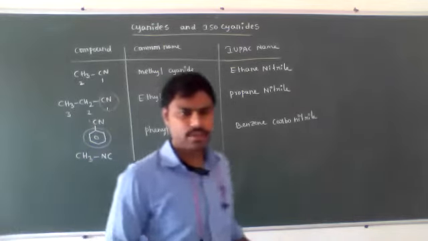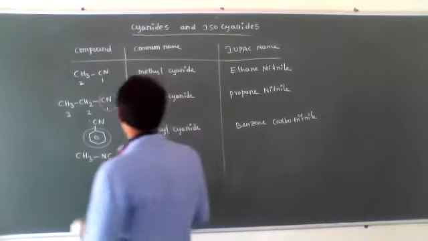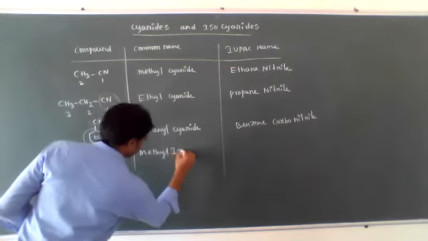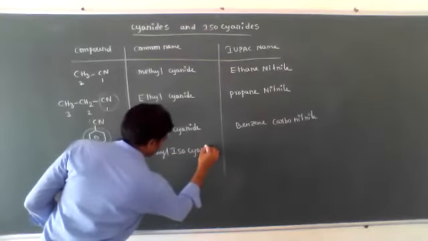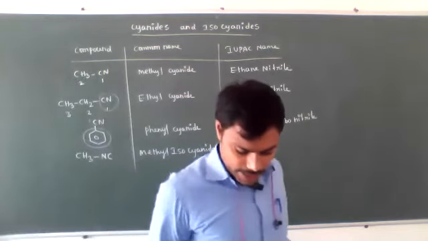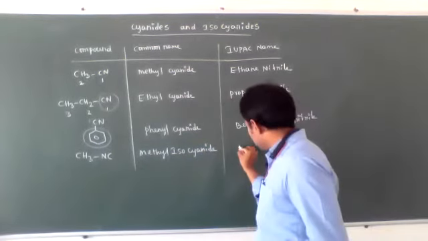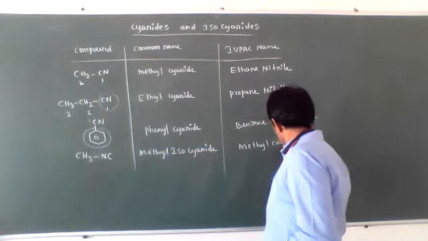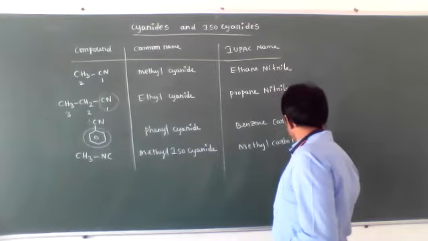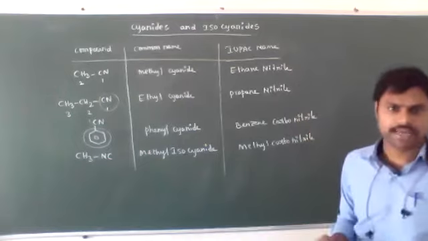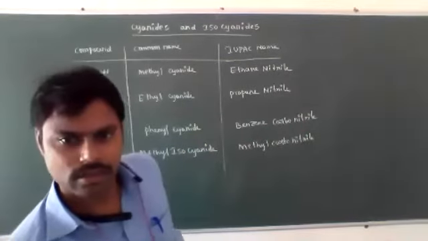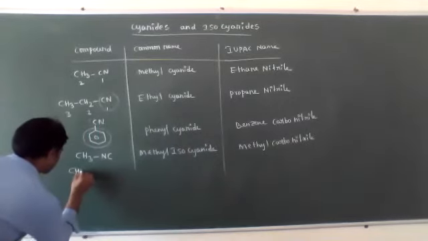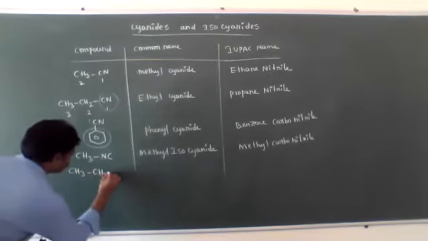CH3NC means methyl isocyanide. Its IUPAC name is, what I said, alkyl carbonitrile. Methyl carbonitrile. Then CH3CH2NC.